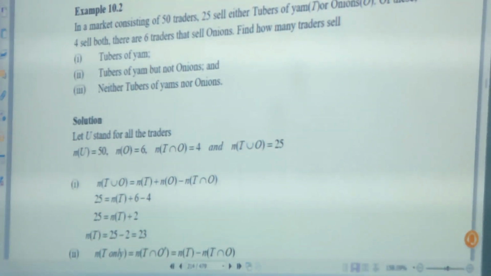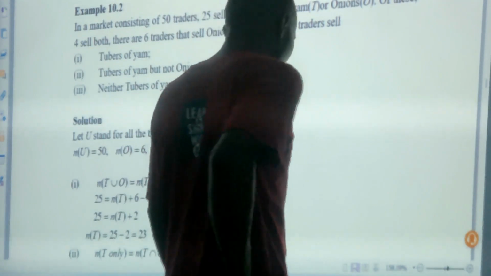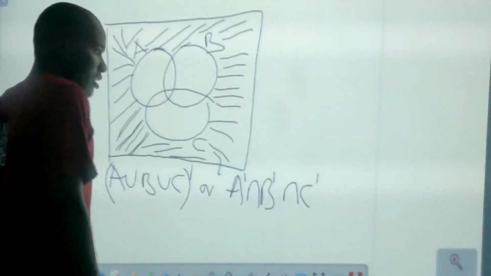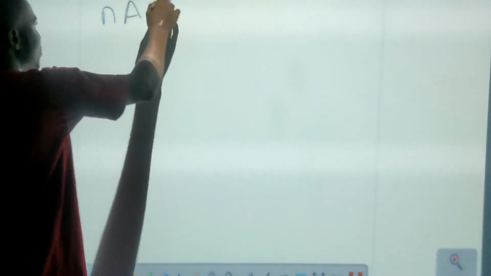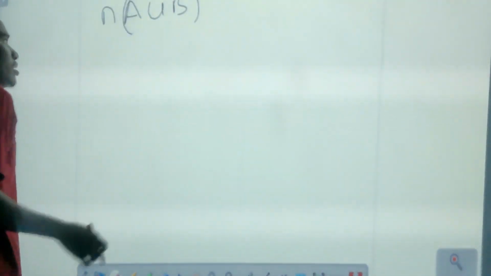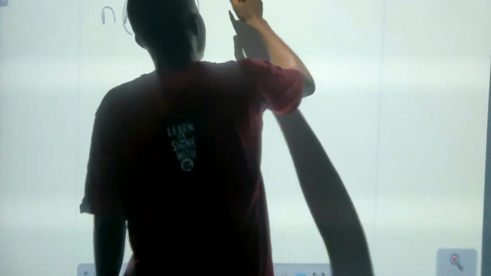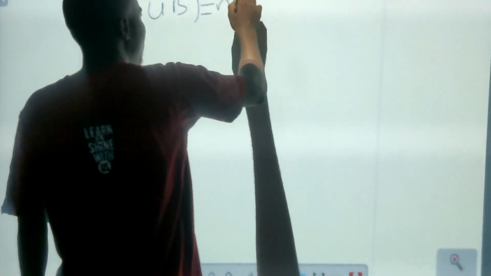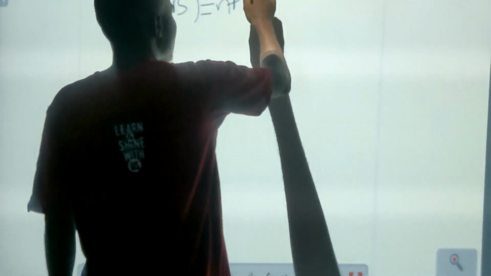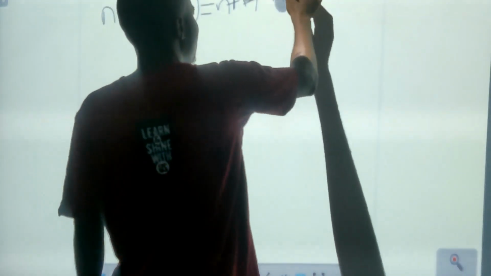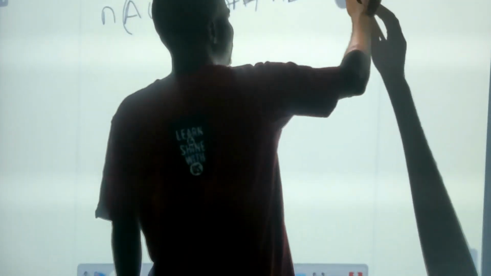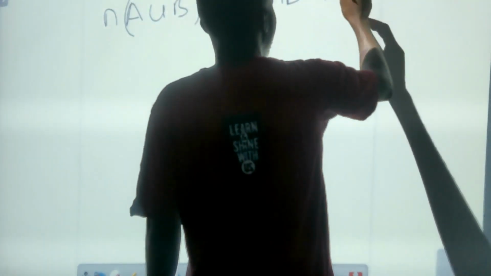Okay, let me give us an important knowledge in set theory. I just remembered it now. I think that will also enhance our knowledge as far as set theory is concerned. For every 2 sets, the cardinality, the number of elements in the union of A and B, is always given as number in A plus number in B minus number in the intersection.